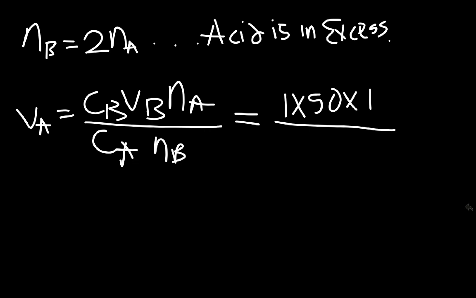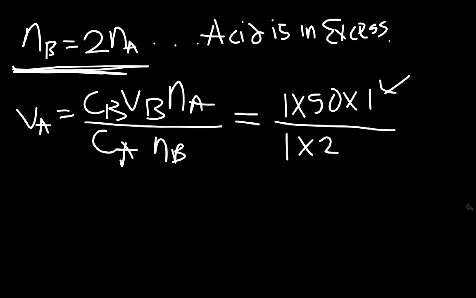which was given to be 1, and also the mole of the base was given to be 2. How do I know? From here. So the mole of the base nB equals 2 nA, meaning the mole of the base is twice that of the acid.